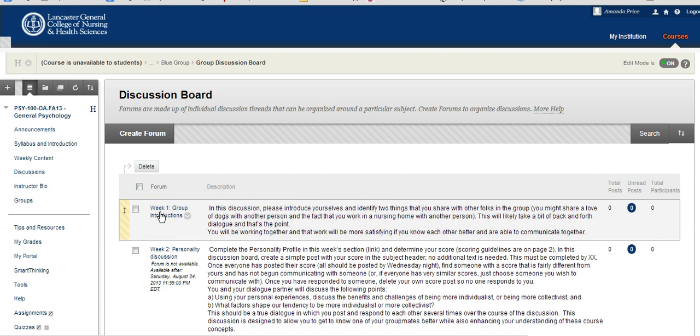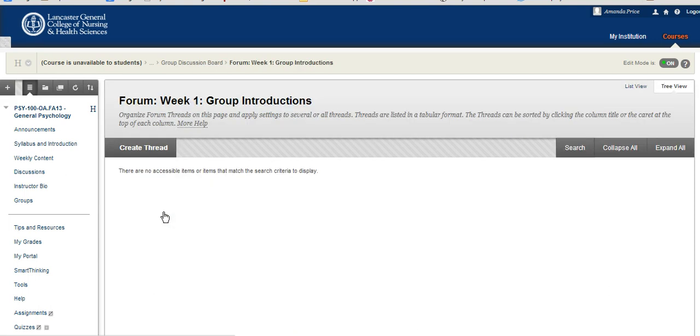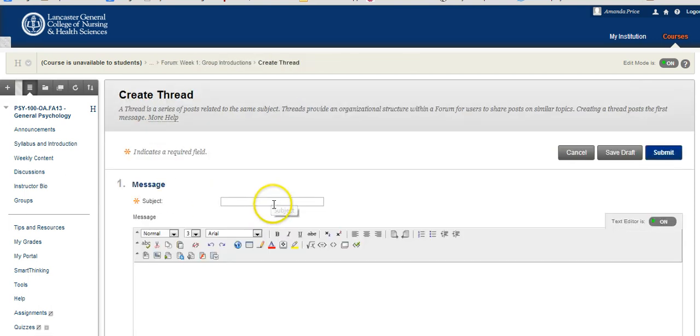So in order to post to the discussion board, you'll click on the forum, click on the actual title, and you'll create a thread. So whenever you write your initial post, you'll type in a subject header that basically gives everybody a little bit of an understanding of what you're going to be writing about.